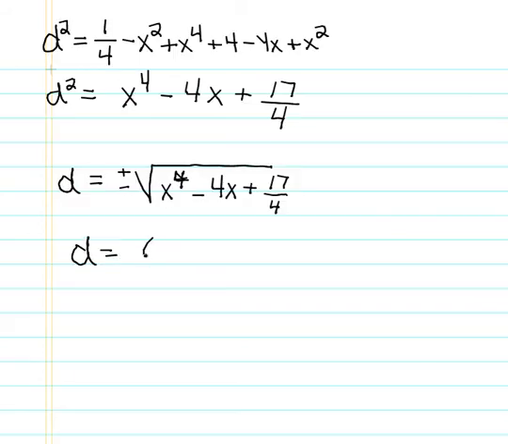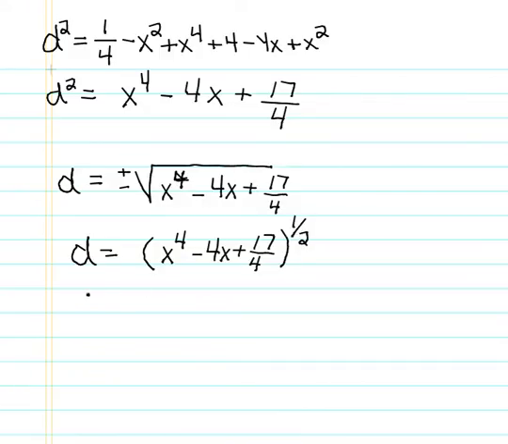Instead of saying the square root of all that, I'm going to say x to the fourth minus 4x plus 17 over 4, the whole thing to the 1/2 power, which is the same as taking the square root.